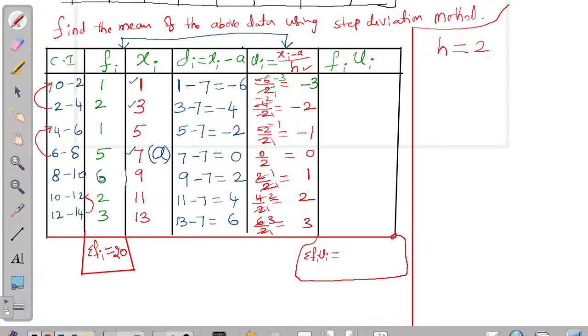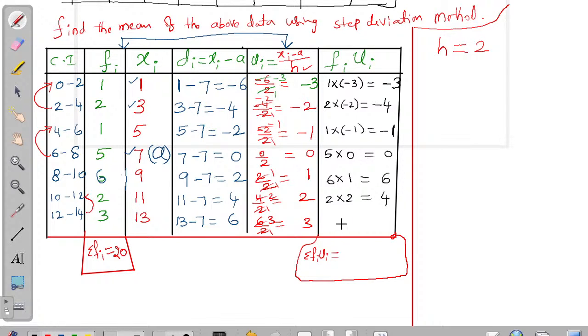Now tell me what are the Fi values here. 1 into Ui value minus 3 is minus 3. 2 into minus 2 is equal to minus 4. 1 into minus 1 is equal to minus 1. 5 into 0, 5 zeros are 0. 6 into 1 is equal to 6. 2 into 2 is equal to 4. 3 into 3 is equal to 9.